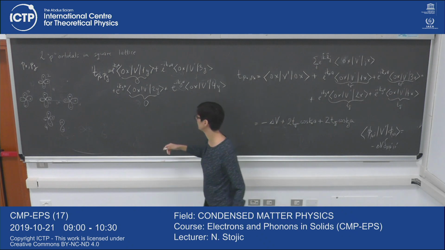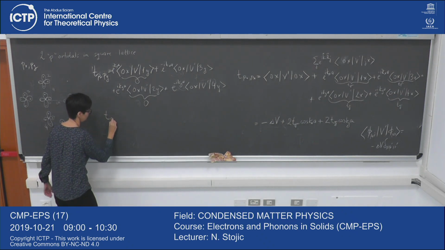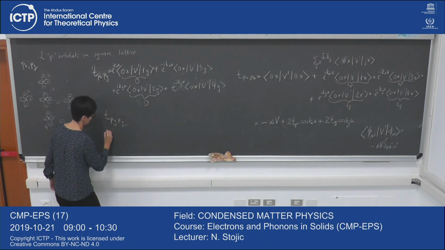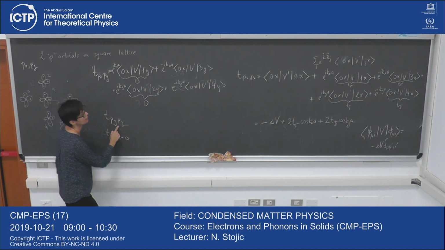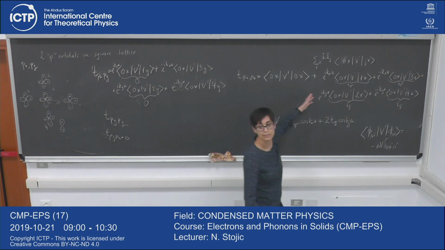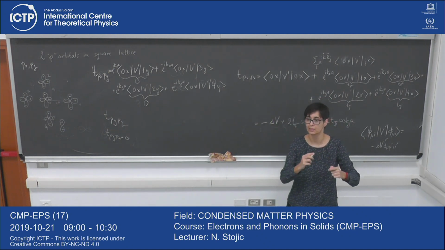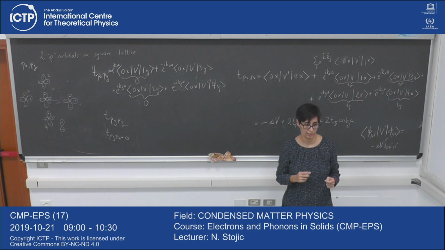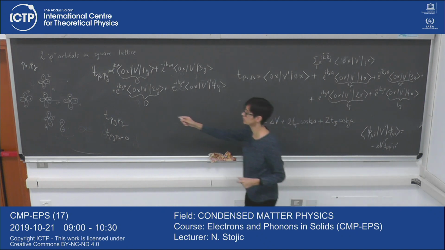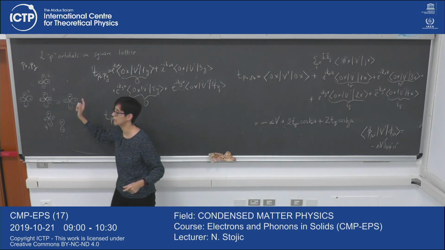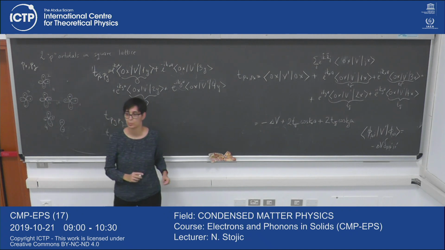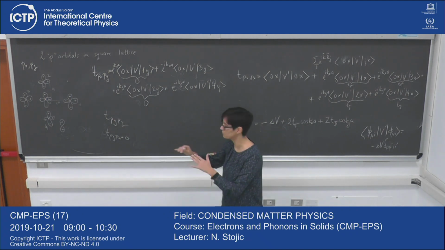Then you can have also TPY, PY, and TPY, PX, which is also 0. This one is like this. It will just have different indices for the pi and sigma bond. It will have pi bonds along X and sigma bonds along Y. So let me just save time.